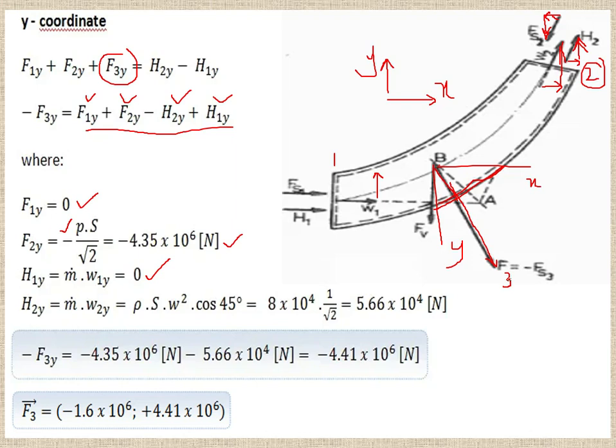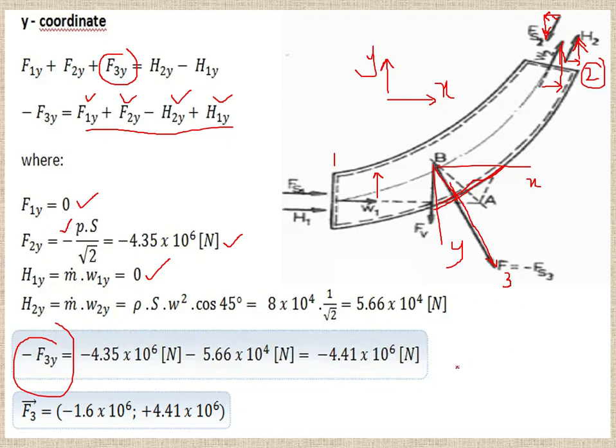Now the components of the net force exerted by the fluid on the surface of the elbow are known. F3y is known, and F3x we calculated in the previous slide. So now we can find the resultant force. How can we find that? This minus is not because of that minus; this minus basically shows the reactive force.